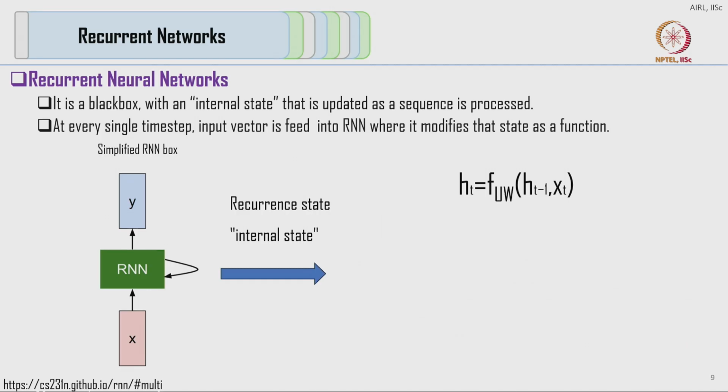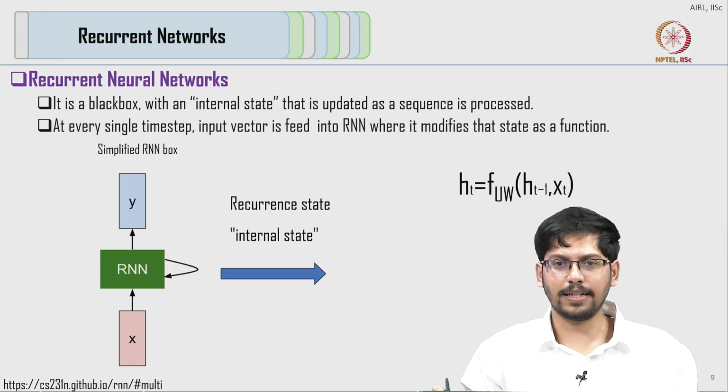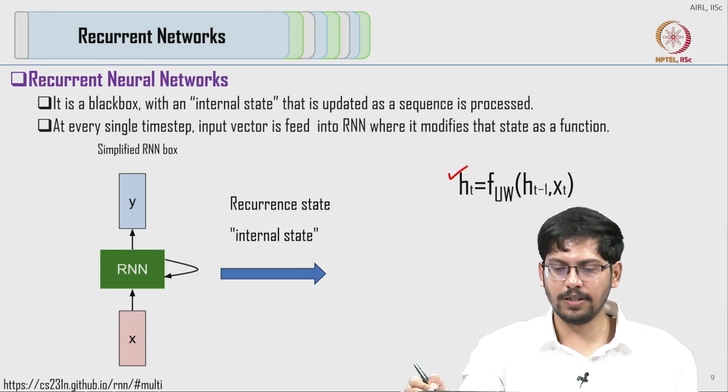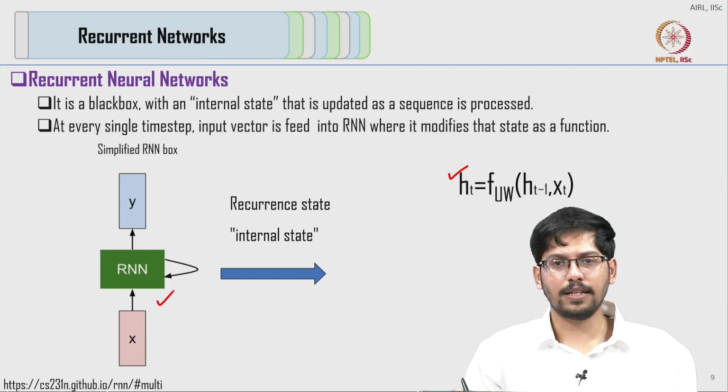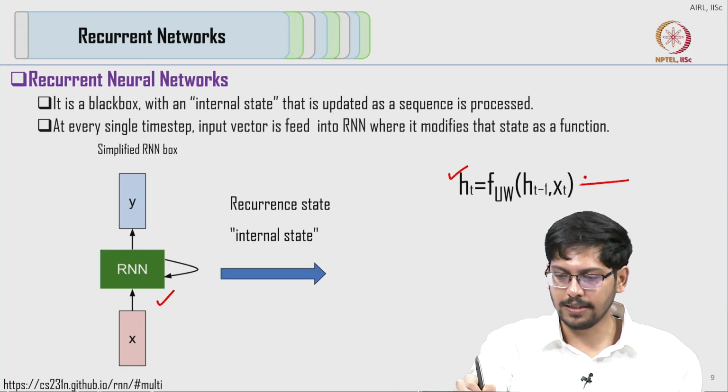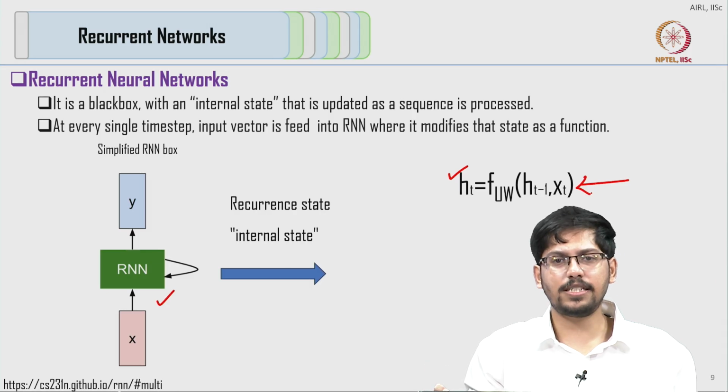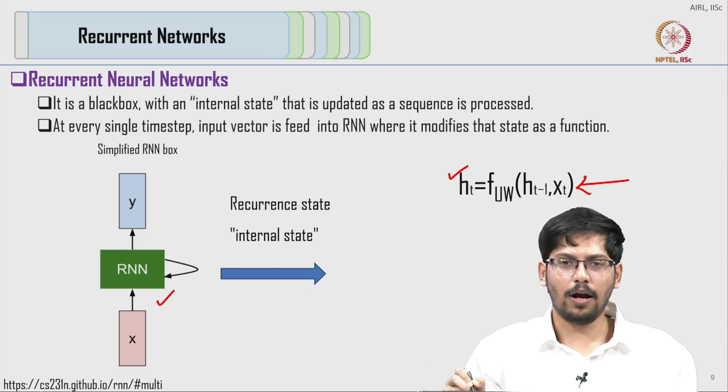Now let us focus on the recurrence relationship of an RNN, which can be highlighted by the given equation: ht is f_uw of ht minus 1 and xt.